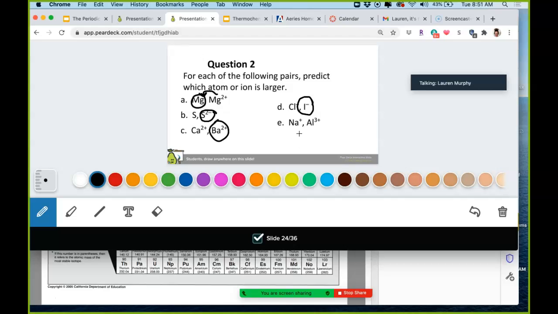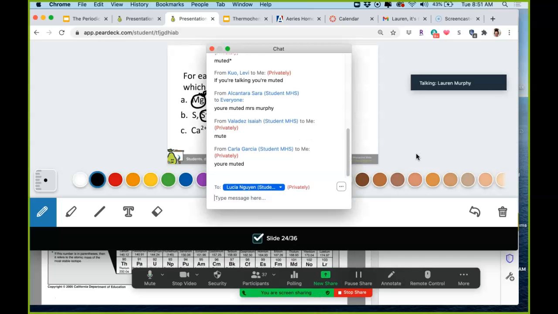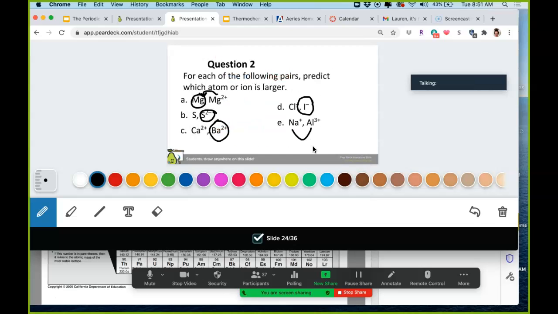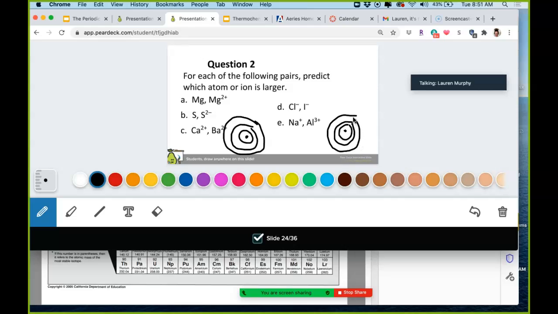Now, this is harder. Can anybody tell me what is special about these 2 cations? So I'm going to take a second and try to draw them. These are both on the 3rd energy level. They're neutral.